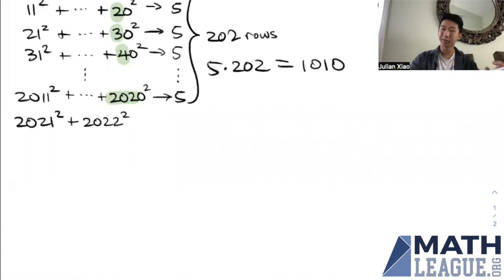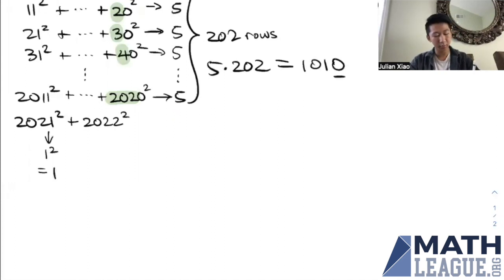And again, remember, we're only looking at the units digit of these numbers. So what this really means is that the sum of perfect squares from 1 squared all the way to 2020 squared ends in a 0. So that's great news for us, because now all we need to look at are the last two numbers. So 2021 squared, that is the same units digit as 1 squared.